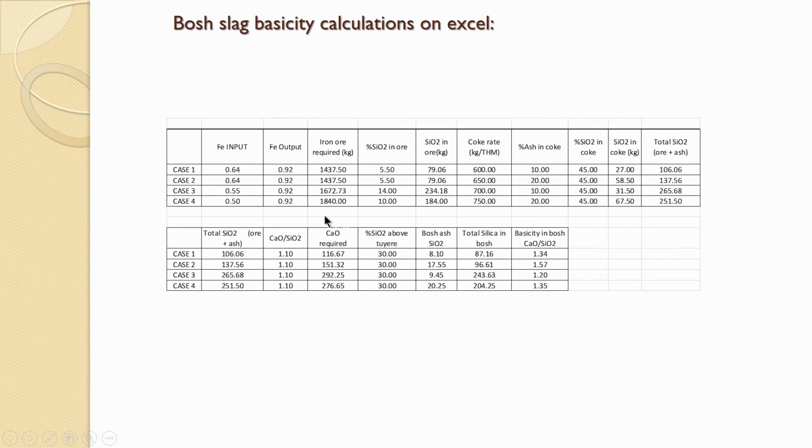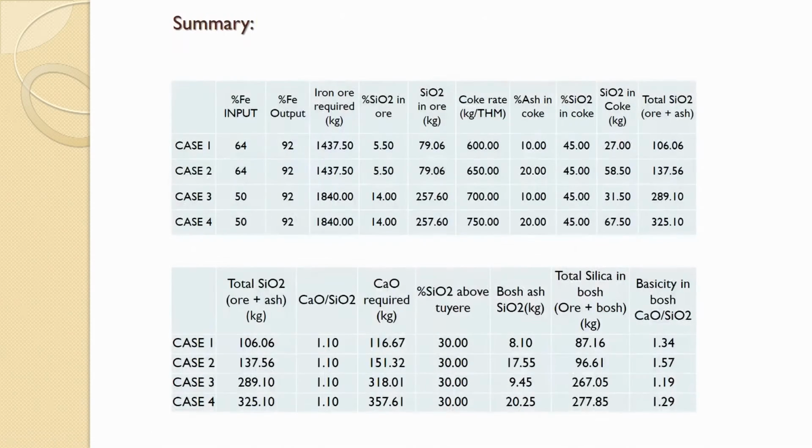You can change any of these parameters. Here I changed to 10% SiO2 in iron ore, and my basicity of the Bosh slag is about 1.35. I changed the iron input to 55%, and my basicity has increased to 1.2 in case 3. Like that you can study and manipulate the slag basicity composition in the iron making operation.